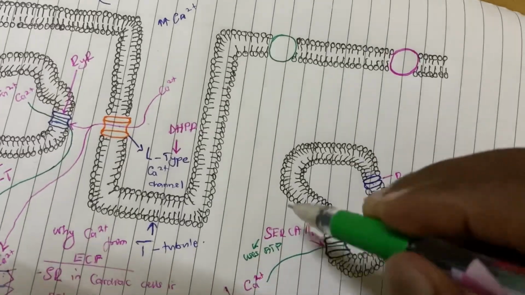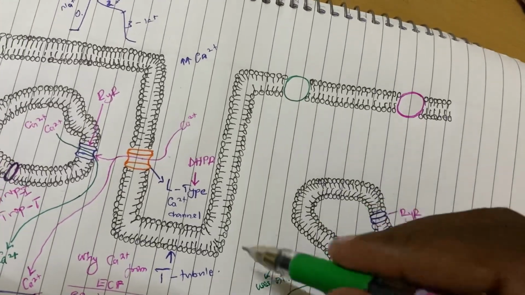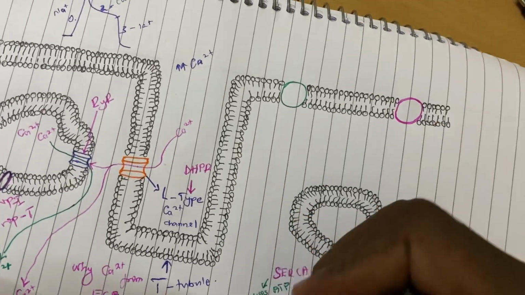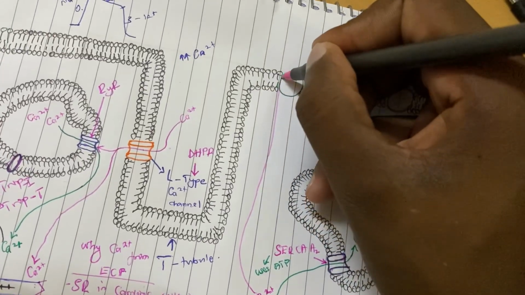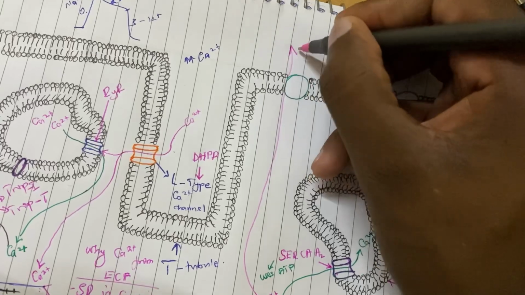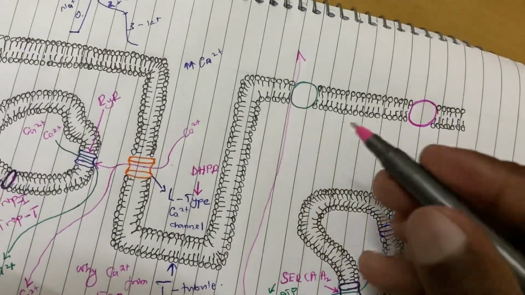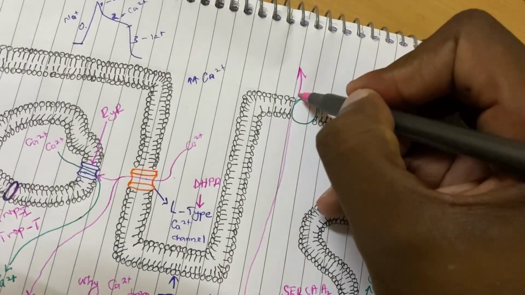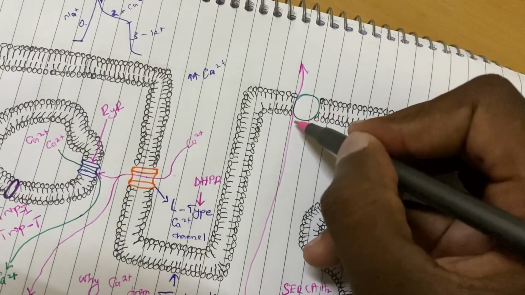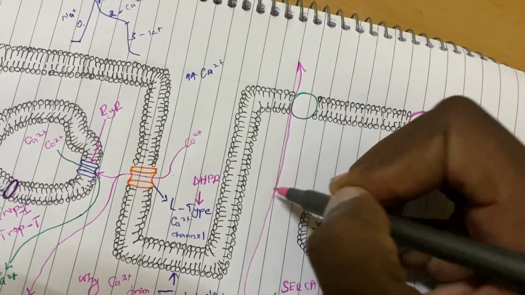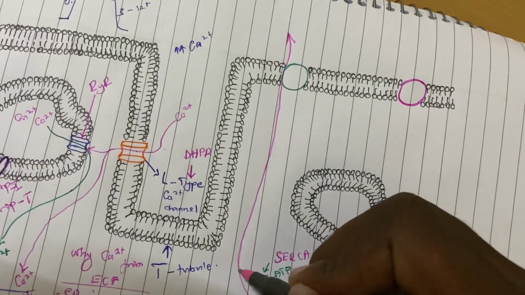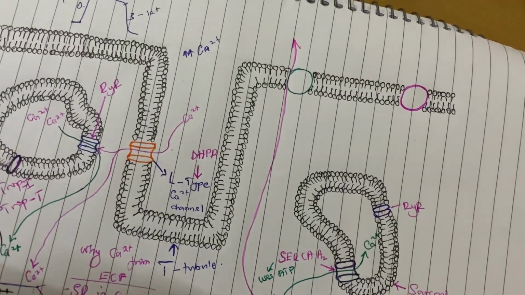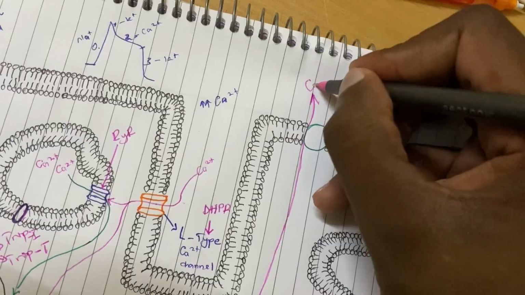Another way to take out calcium is by this route. Before contraction, calcium was outside. Only when the action potential arrived, that's when it came inside. Should we leave it inside? No, we cannot. So calcium has to be taken outside by force.